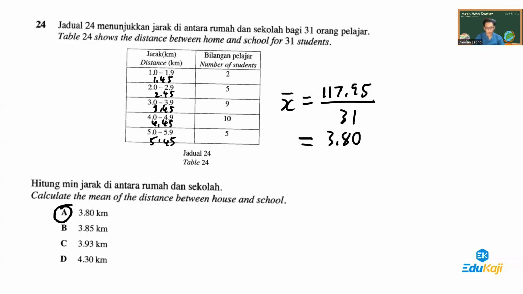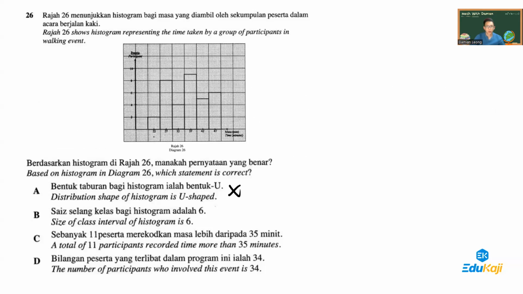If I use the midpoints, I can just take the difference. So 27 minus 22 is 5. So this is wrong. It should be 5 instead.